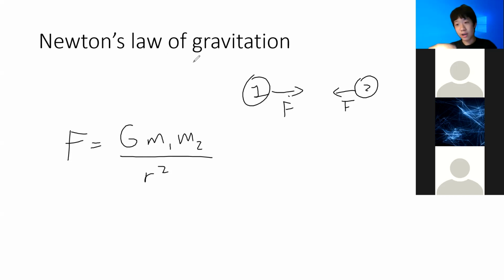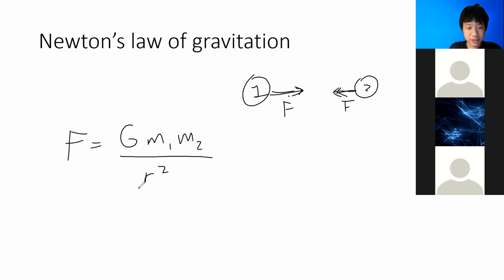If object 1 pulls on object 2 with a gravitational force, then according to Newton's third law, object 2 pulls on object 1 with the same force. So the same force is being applied towards both objects. Okay? So M1 is the mass of one of the objects, and M2 is the mass of the other object. The order really doesn't matter here.